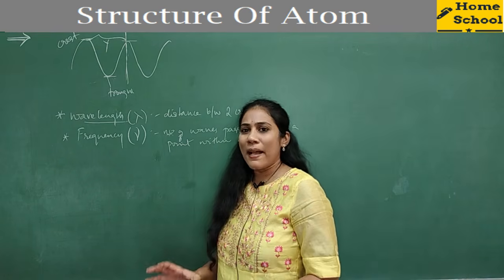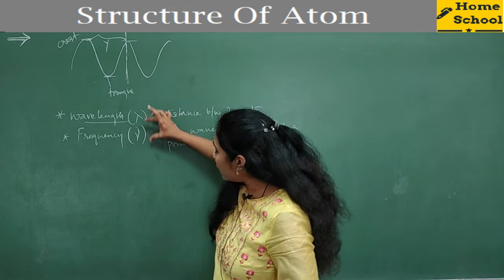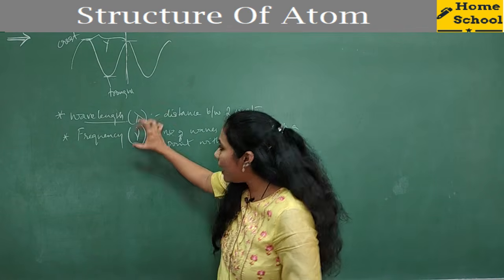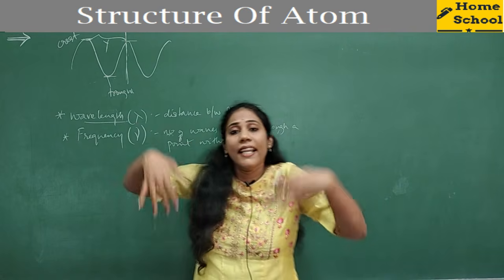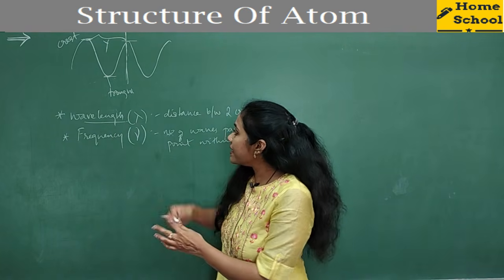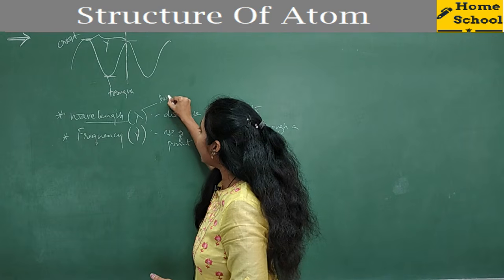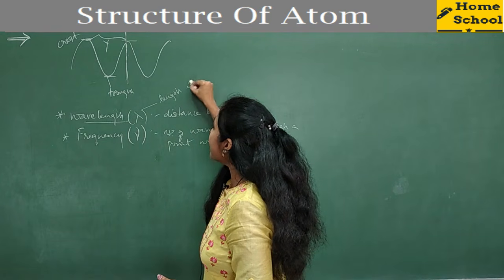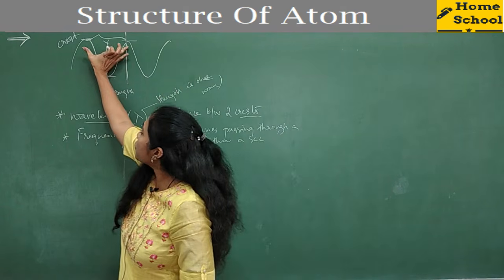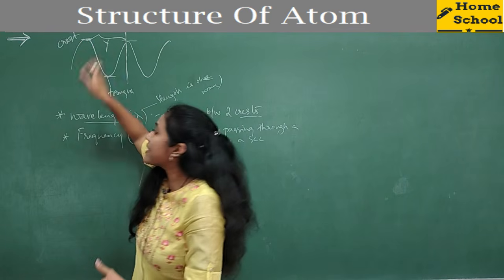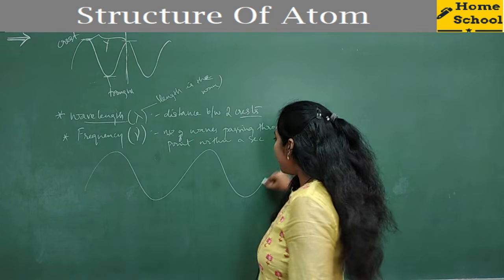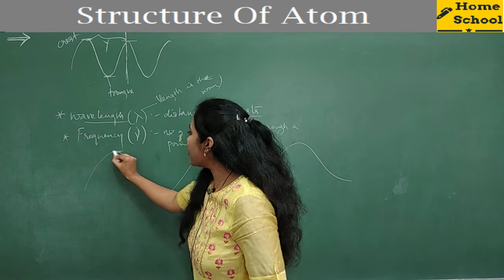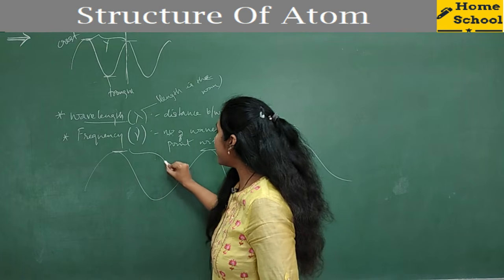Say, for example, can you relate lambda and frequency here? Lambda tells you the length of a wave. Lambda is the one telling you how long the wave is. If the distance between two crests is too large, then we say the length is very long. For example, you see this wave, you have lots of distance. This particular distance is too much.